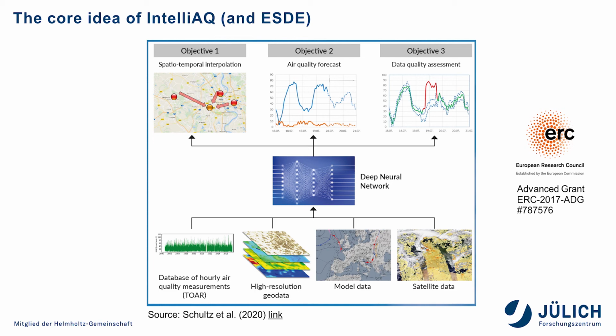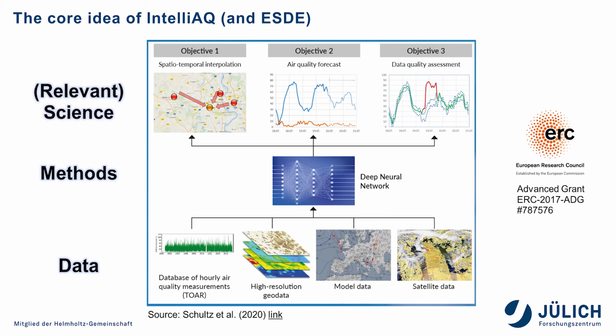I'm not going to go into the details here of these objectives, but it's important to understand this general concept that we're trying to exploit the synergies of different data sets, put them together, and learn new things from these different data sets through new analysis methods. So the 3 points really are data, methods, and relevant science, and we should try to strike a balance in our group between all of these 3 aspects.